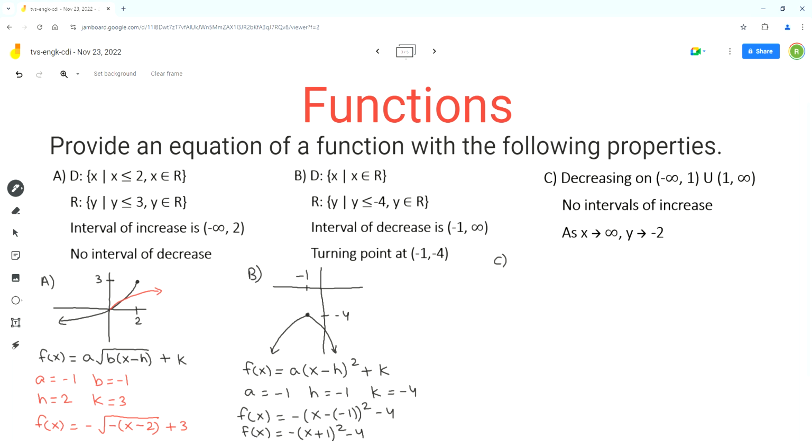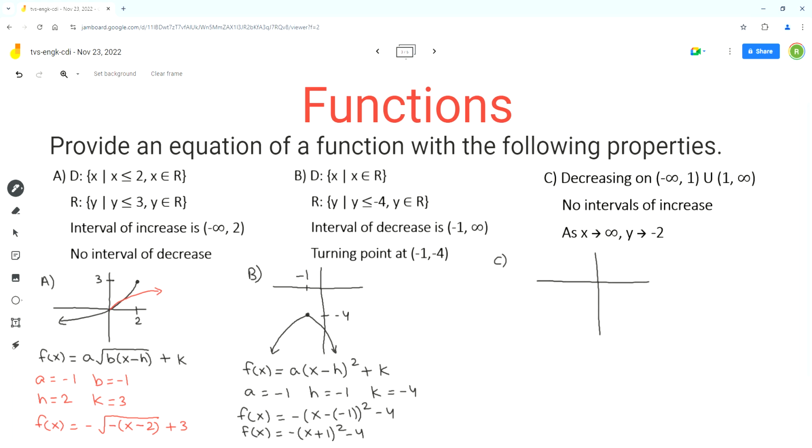So we can use a reciprocal function for part C. There must be a vertical asymptote at x equals 1 because the intervals of decrease break up at x equals 1. So let's start with a sketch for this function.